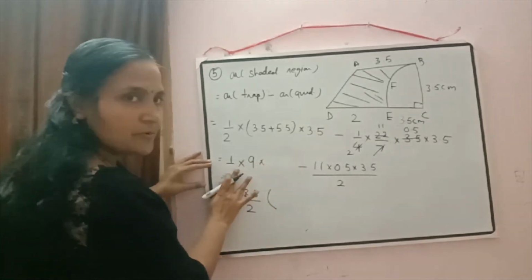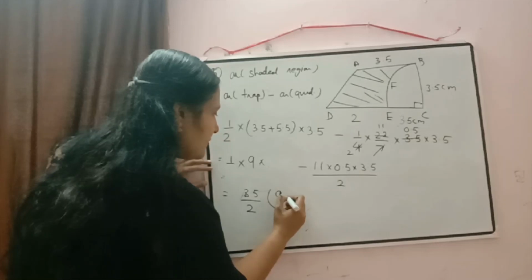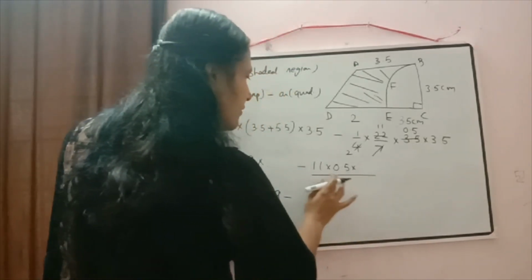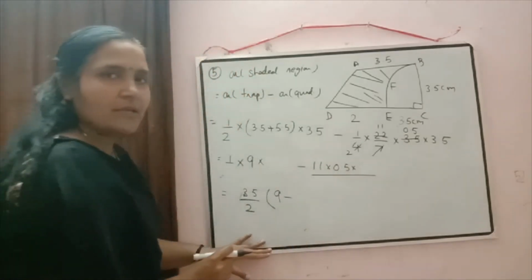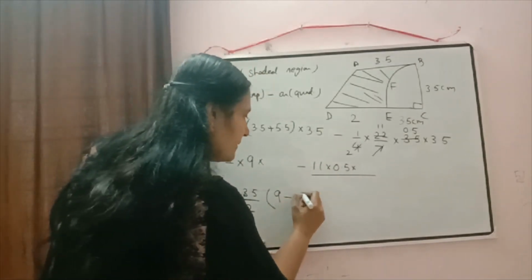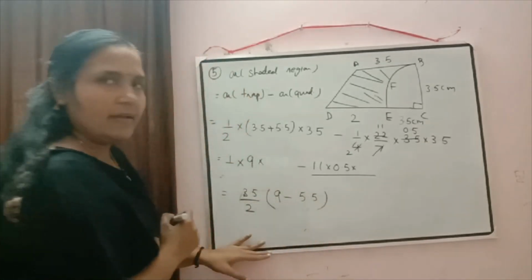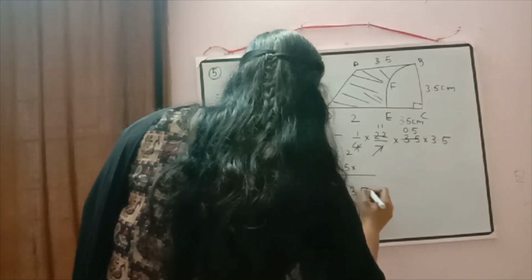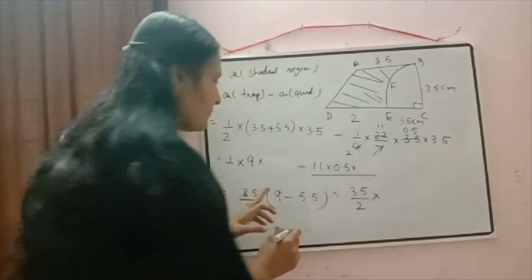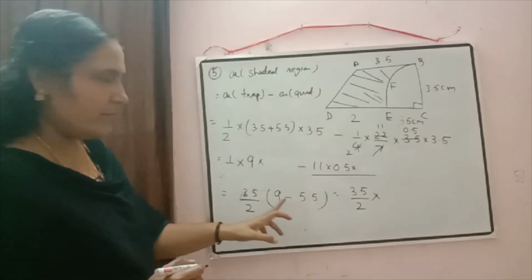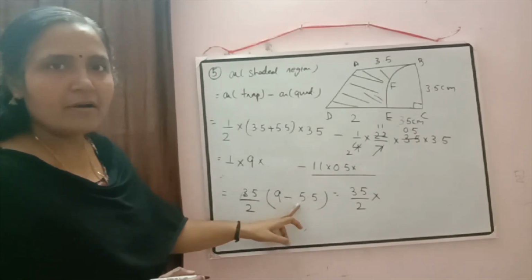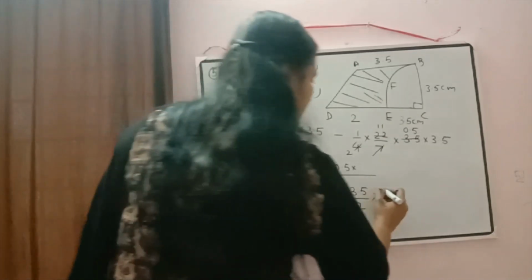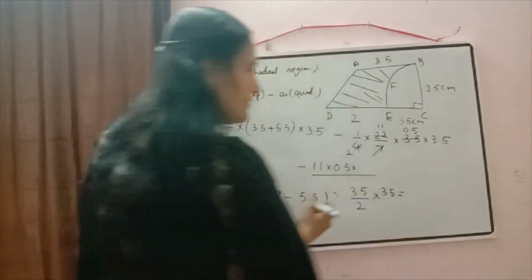Remaining it will be equal to 9 minus 11 into 0.5. 11 5s are 55, so it will be equal to 5.5. So we will get here 3.5 by 2 into 9 minus 5.5. What will be 9 minus 5? 4. 4 minus 0.5? 3.5. So we will get here 3.5.